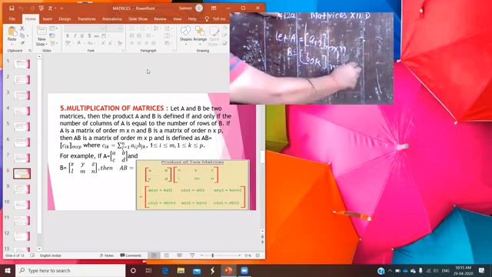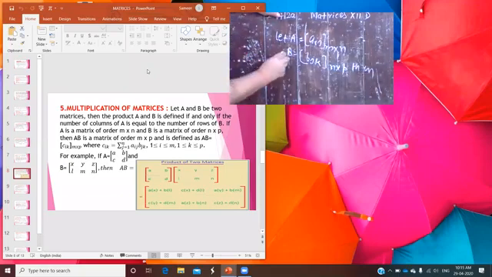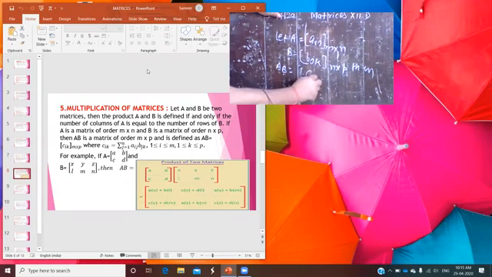Understand? Then the product AB is defined as the matrix C_ik, and the order of that matrix is m by p.